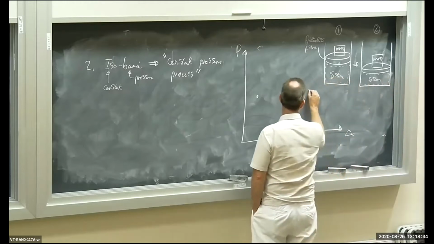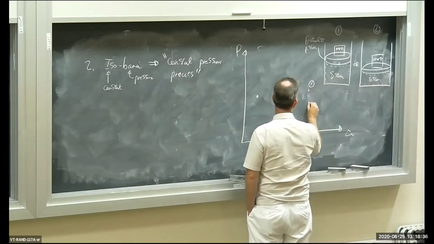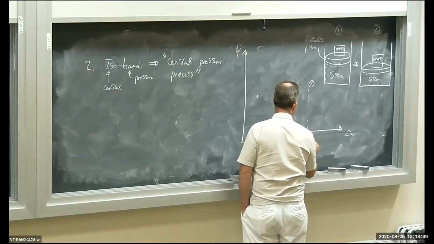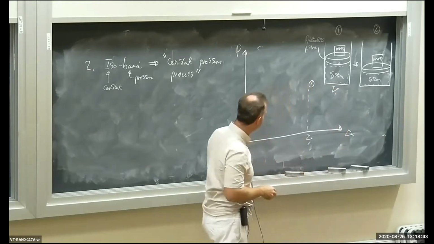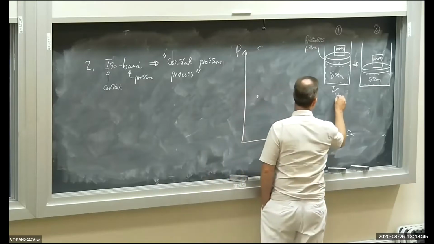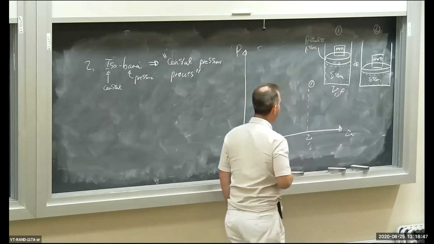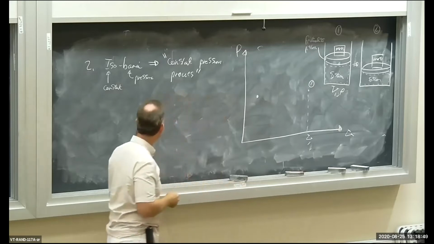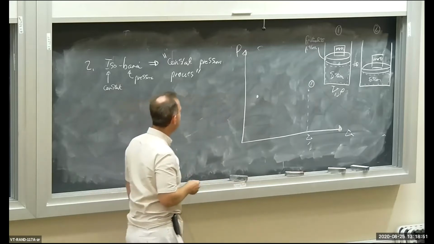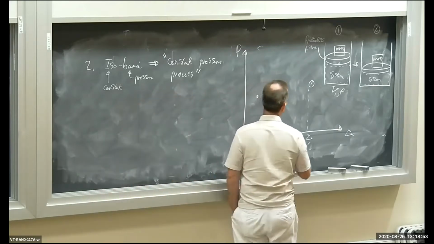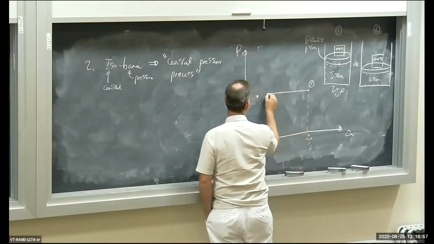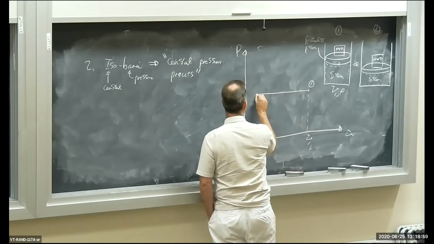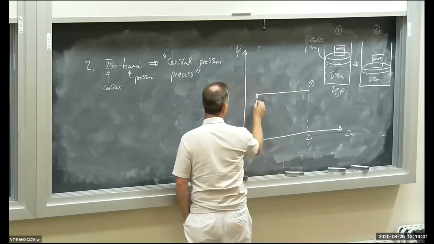And so state 1 will start out here with volume V1. So originally I have a volume V1. And I have some kind of pressure, obviously. And then I am going to isobarically compress the system. If it's a gas, then I'm compressing the gas. So this is what the process looks like on a PV diagram.